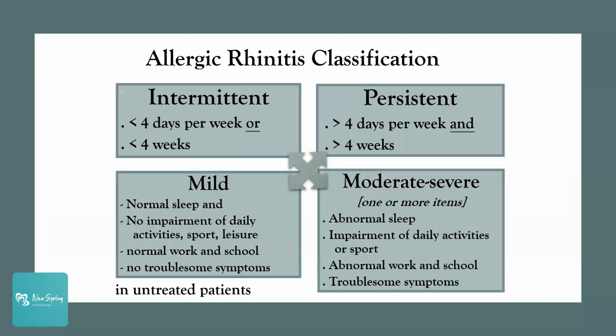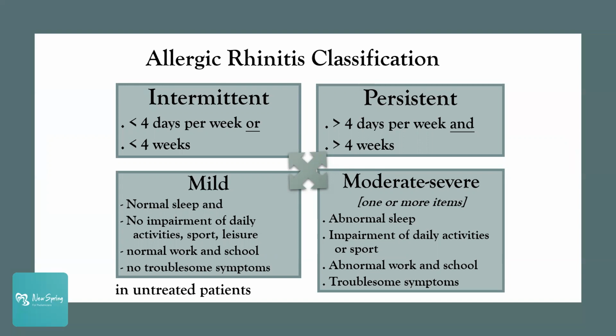The other classification, which is very important, that all pediatricians and all physicians should know, is: is this allergic rhinitis intermittent or is it persistent? So it's intermittent if it's less than 4 days per week or less than 4 weeks, and it's persistent if it's more than 4 days per week and more than 4 weeks in total duration of symptoms.